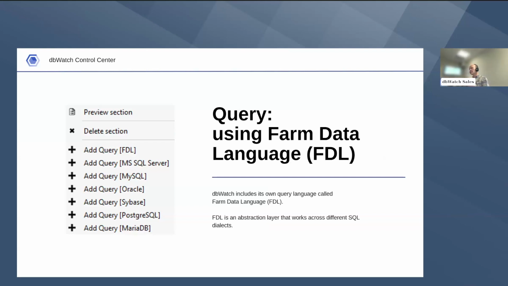And the reason why I am mentioning FDL is that when you create a section, the default query type is always FDL. So we will switch it back to SQL, but I also would like to show you a couple of basic FDL examples later during this presentation.